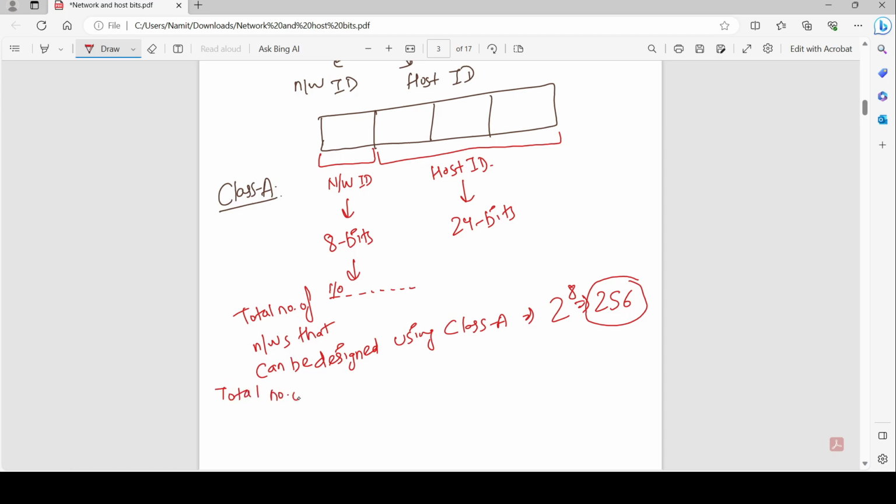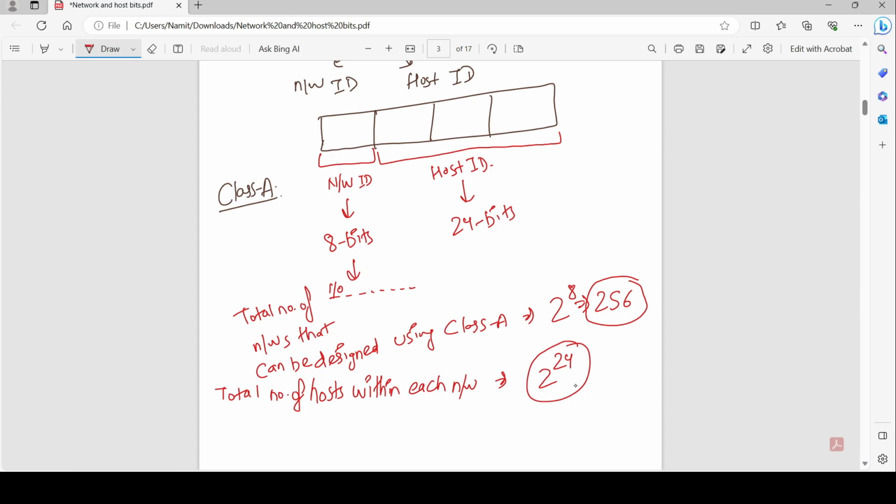But the total number of hosts within each network would be what? 2 raised to power 24, which is a very huge number. So one network can have this many hosts.